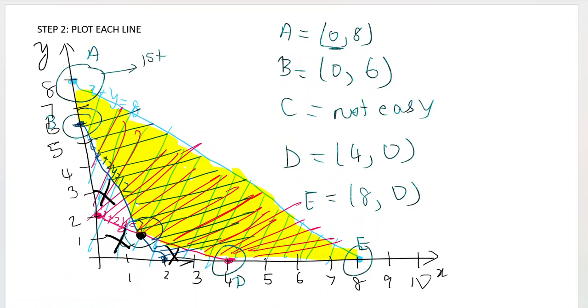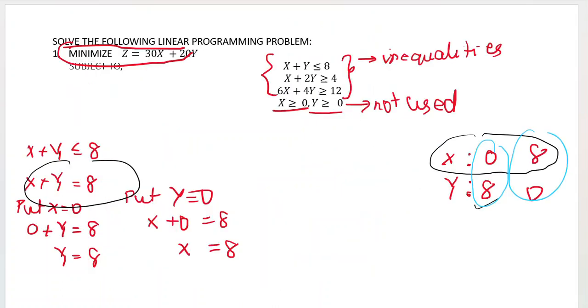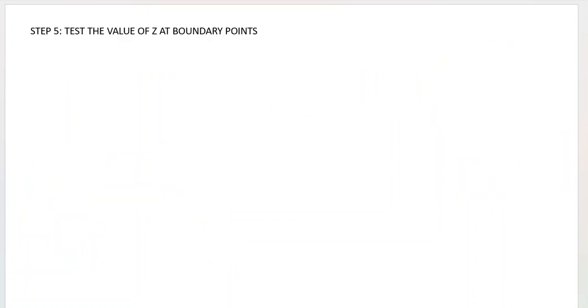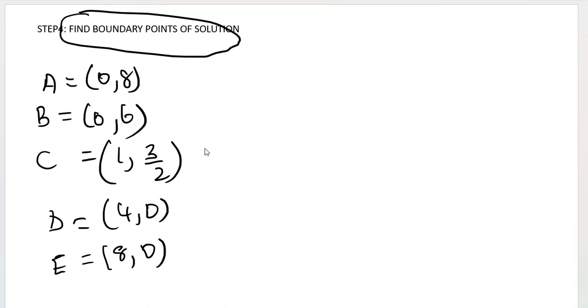So now we copy this, minimize z is equal to 30x plus 20y at the end. And now we test the value of z at each of these points.